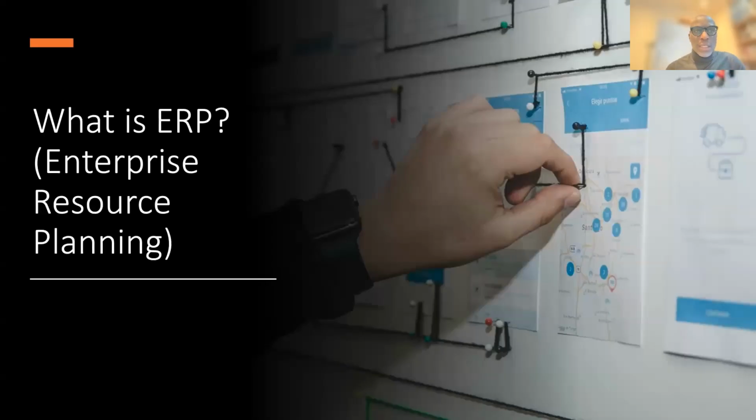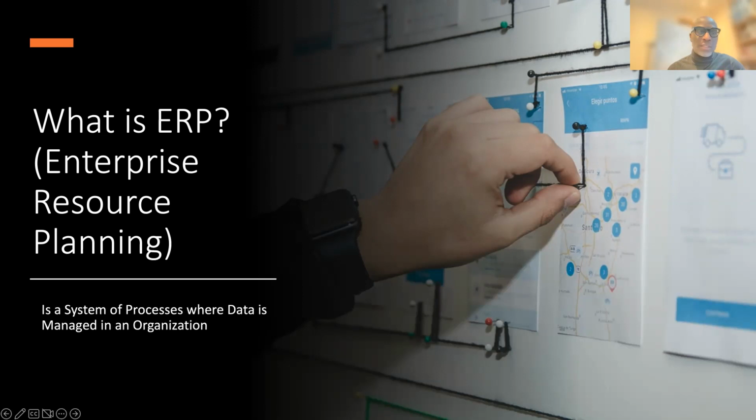So ERP is basically a system of processes where data is managed in an organization. Well, I just made up that definition a few years ago, and it kind of still resonates.